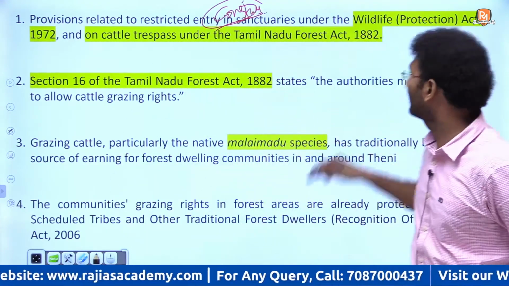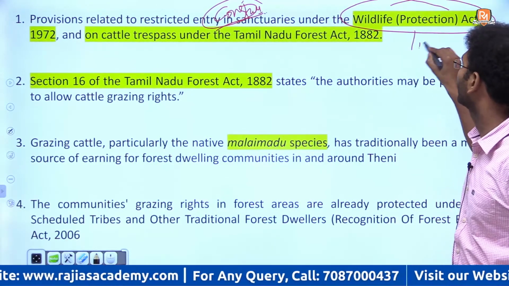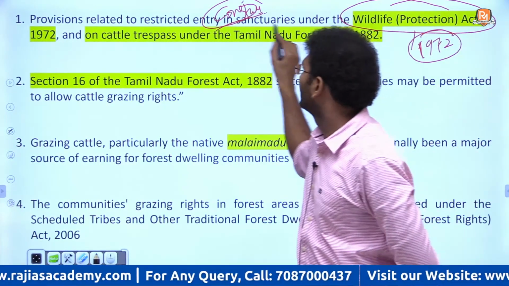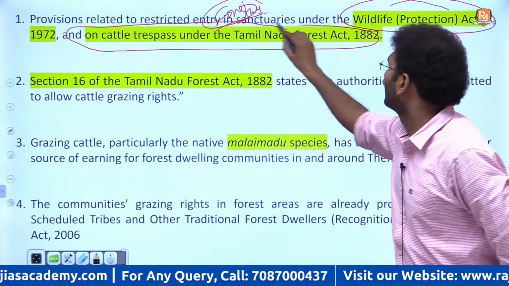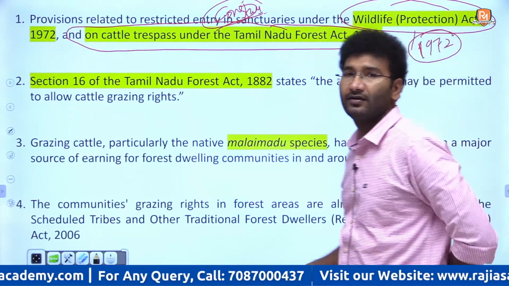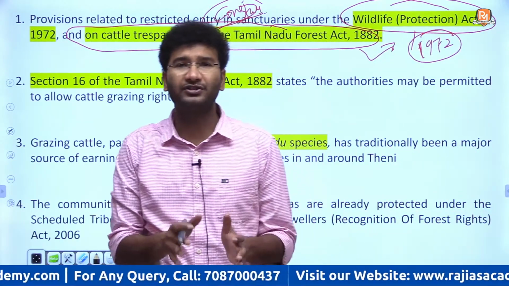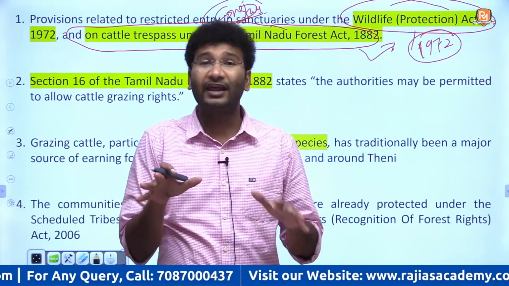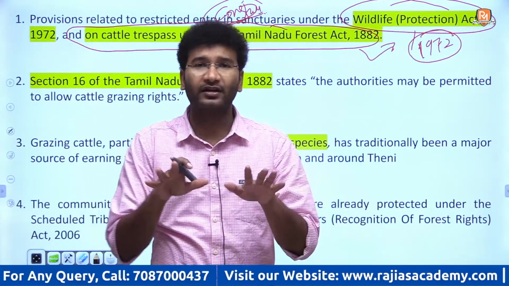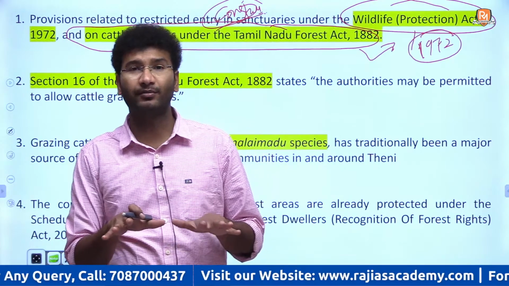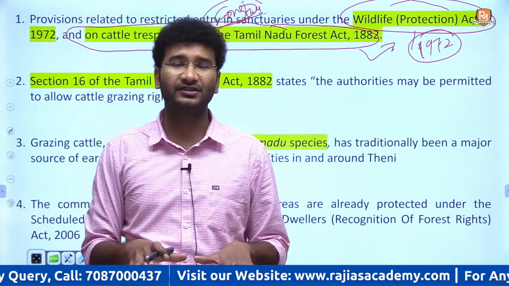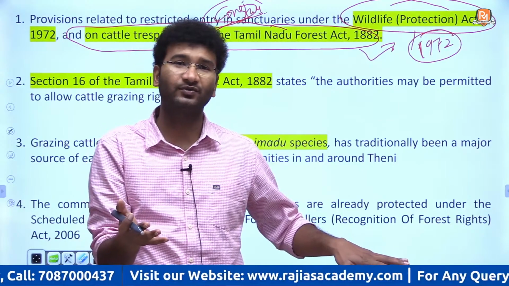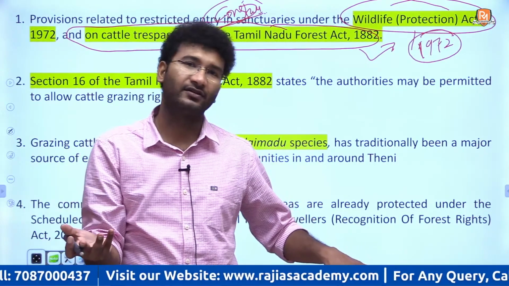Here you need to understand the Wildlife Protection Act of 1972 and the Tamil Nadu Forest Rights Act. The Wildlife Protection Act of 1972 puts some restrictions on entering into a wildlife sanctuary. Now where exactly is this issue going on? It is going on in Tamil Nadu, especially in the Megamalai Reserve. Which reserve? It was a wildlife sanctuary earlier, and after 2021 they have converted this wildlife sanctuary into a tiger reserve, right.